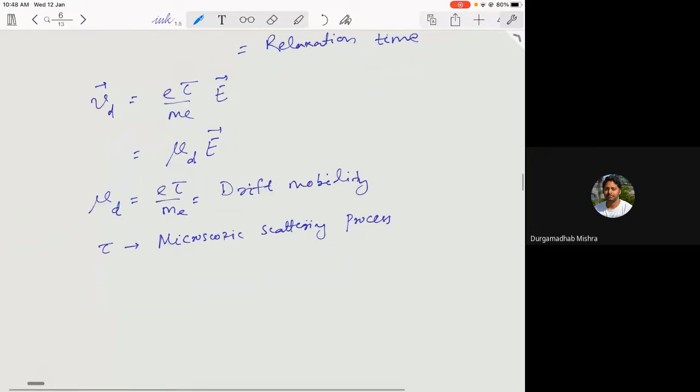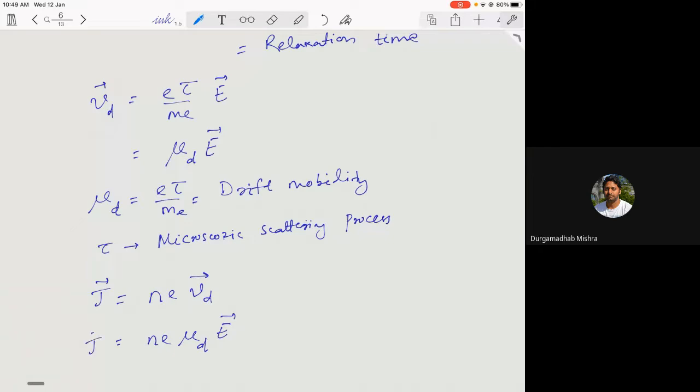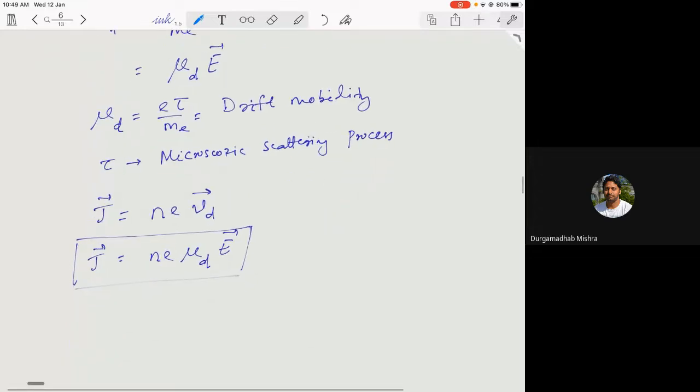So we can write now the J, which we said is N e into Vd. And we have an expression for Vd, which is mu D into E. So we can write this as N e mu D into E. So your current density J is equal to N e mu D E, which is again a form of Ohm's law.